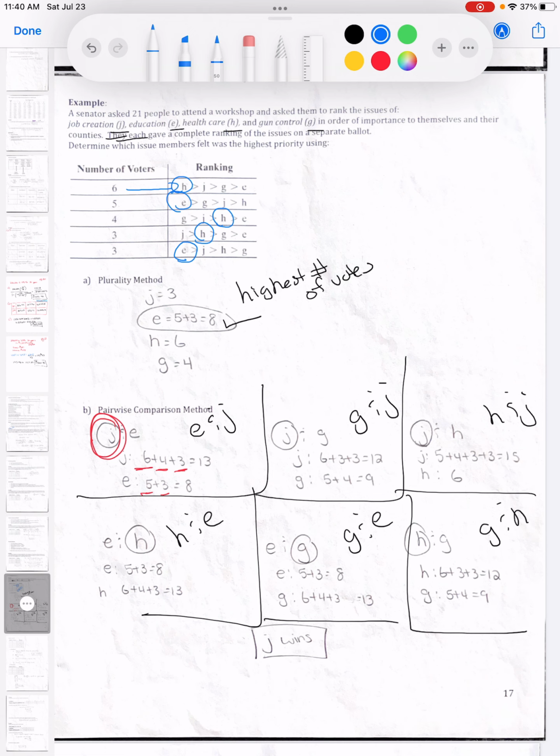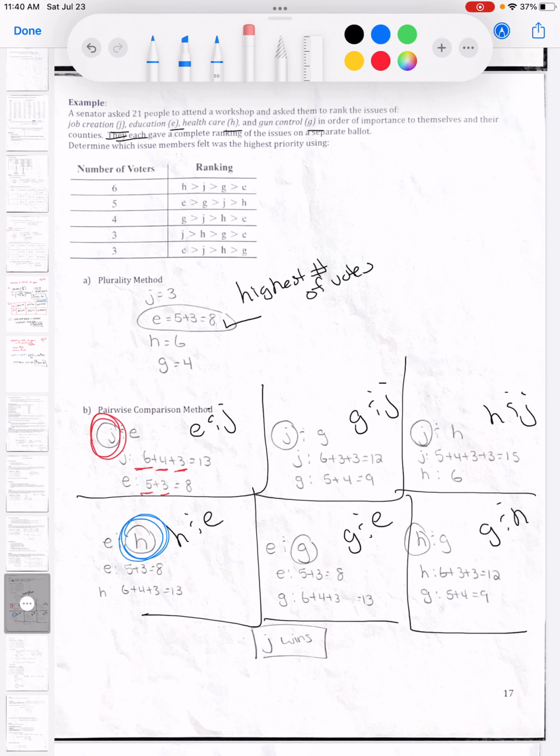So 6 go to H, 5 go to E, 4 go to H, 3 go to H, 3 go to E. So H wins. And I'll be honest, pairwise is, I think, the most painful. Some people think Borda is worse. I think pairwise is the worst because you have to do this 6 whole times for this one.